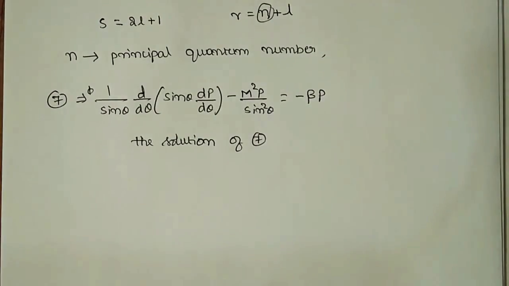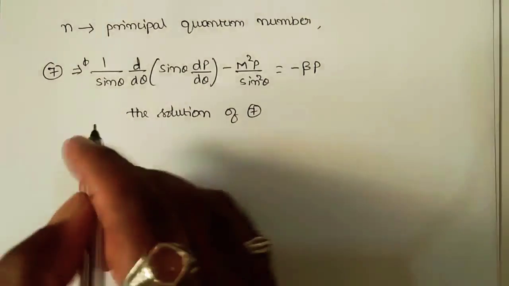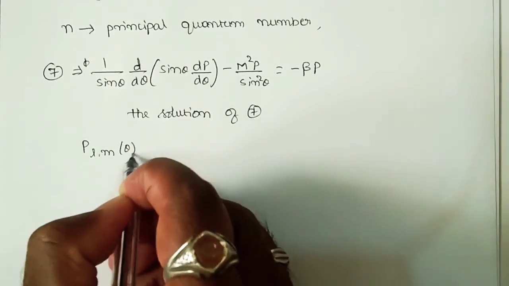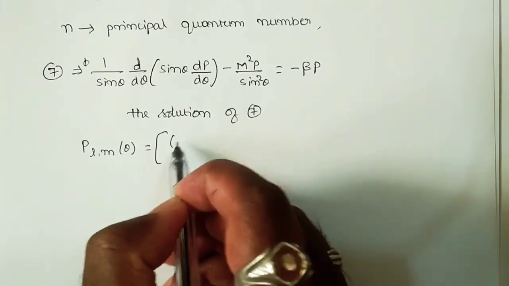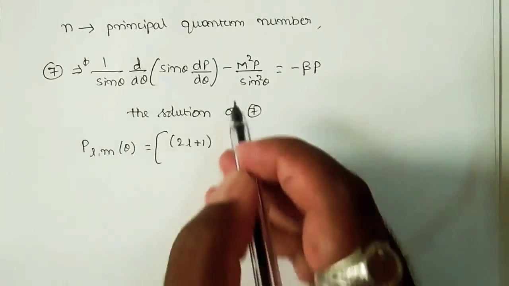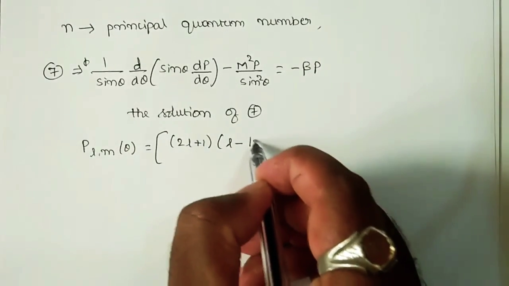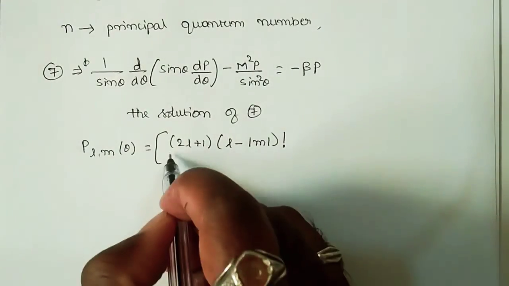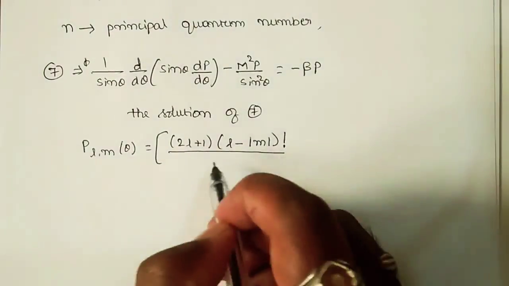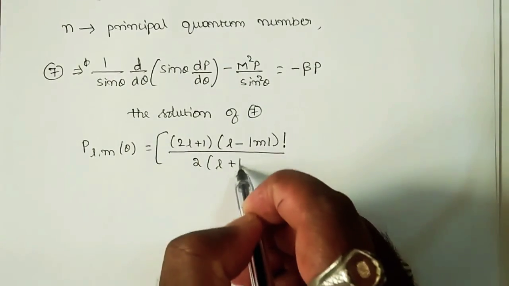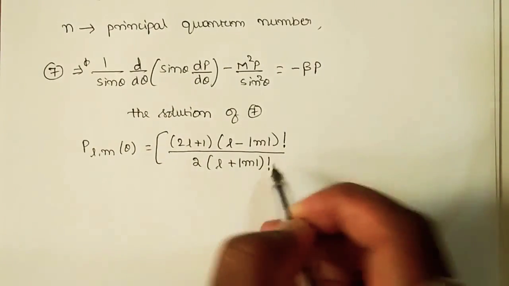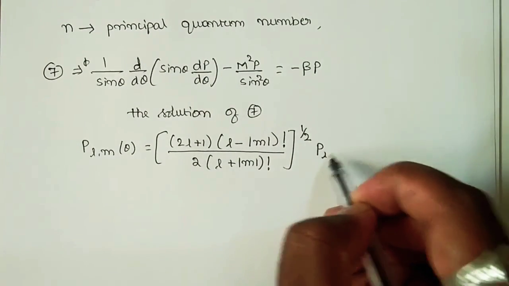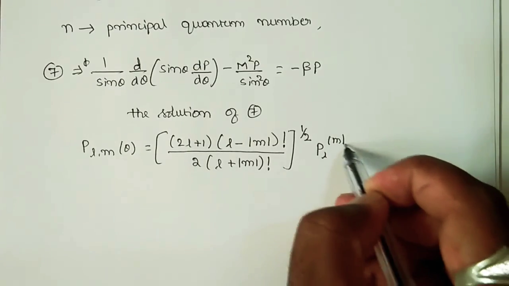The final solution is P l m of theta, that's equals to (2l plus 1 into (l minus mod m) factorial divided by 2 of (l plus mod m) factorial) whole power 1 by 2 into P l to the power mod m cos theta.